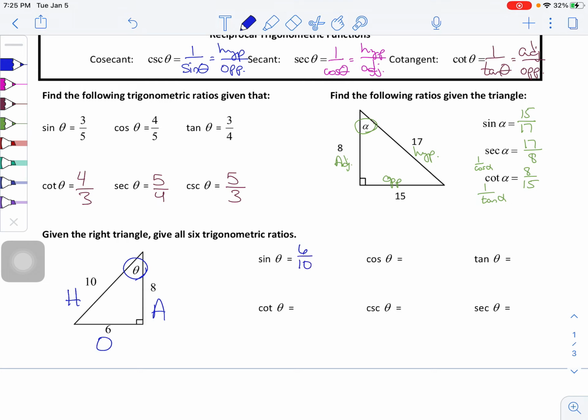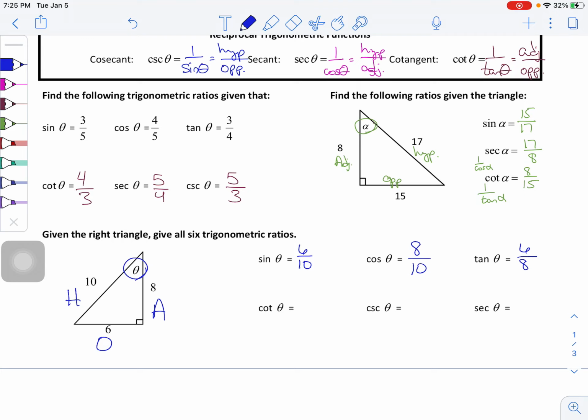I already recognize that this can be reduced. I'm going to go back and reduce all my fractions at the end. I want to get all my ratios in first. So cosine of theta would be adjacent over hypotenuse, so 8 over 10. Again, I know that can be reduced, and tangent is opposite over adjacent, so 6 over 8.